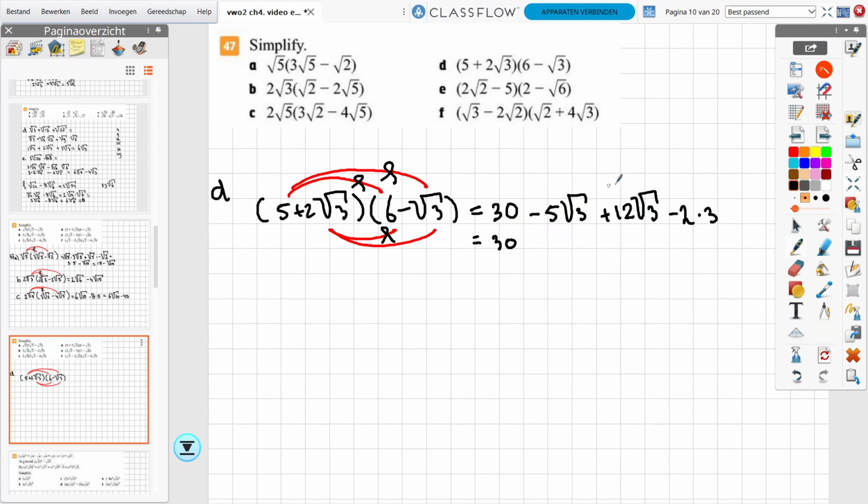Yeah, you can immediately do this here as well, but let's say I don't do this yet, and only do minus 2 times 3 is minus 6. And now we can simplify. 30 minus 6 is 24. Those are like roots. Minus 5 plus 12 is plus 7 root 3. Or your answer is 7 root 3 plus 24. That's also okay.